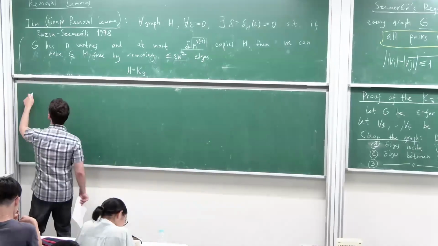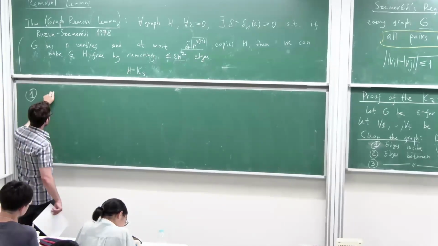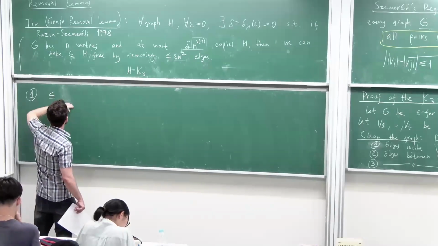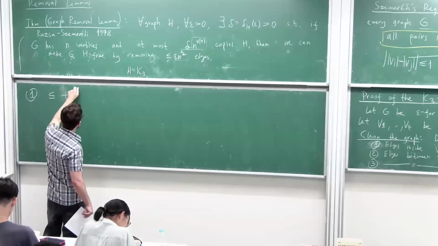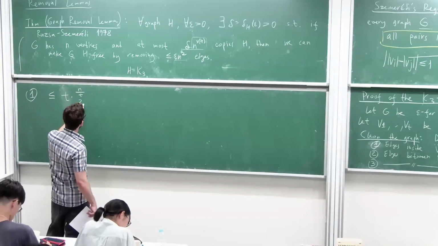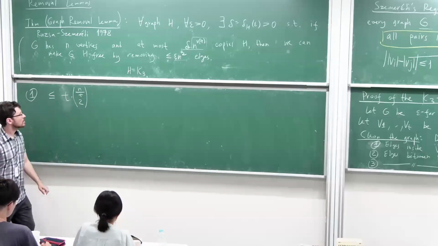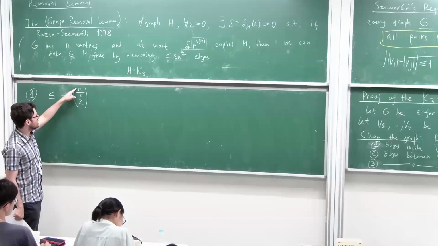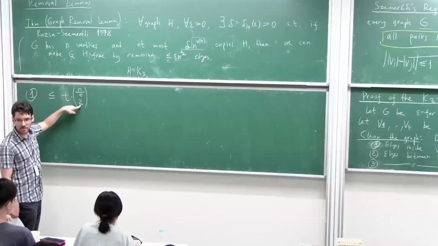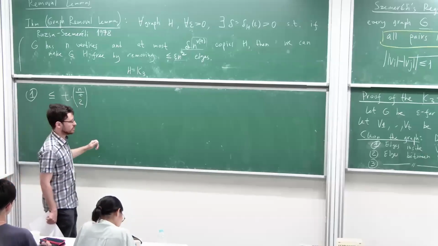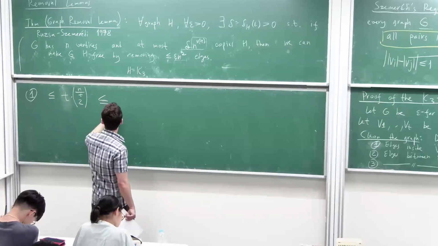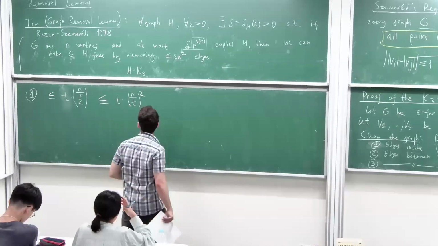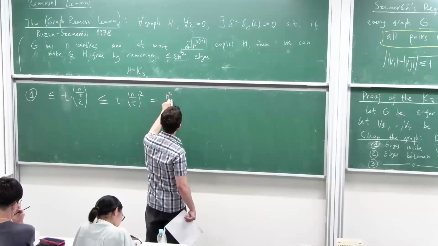Type 1: we deleted at most t times (n over t) squared edges, because I have t parts and they're all of the same size, so each of them has at most (n over t) squared edges. This is n squared over t.